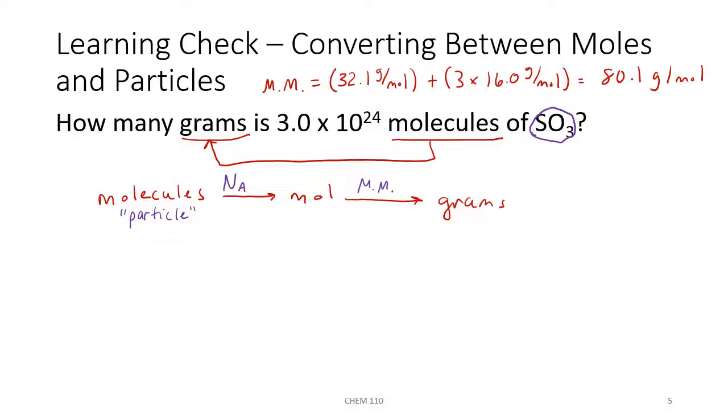So we're going to start with 3.0 times 10 to the 24th molecules. And then using Avogadro's number, we know that 1 mole of anything is 6.022 times 10 to the 23rd, in this case, molecules.